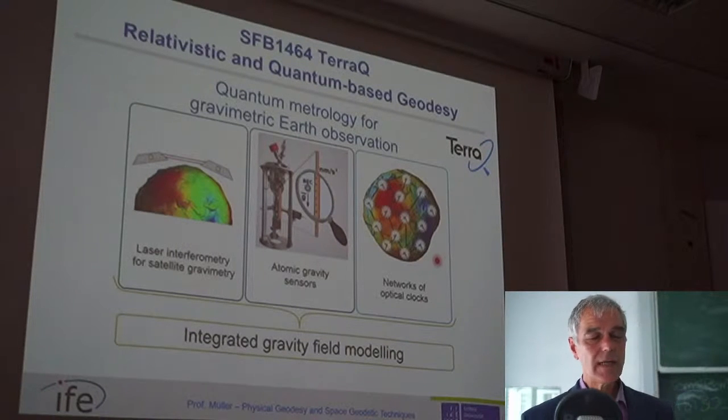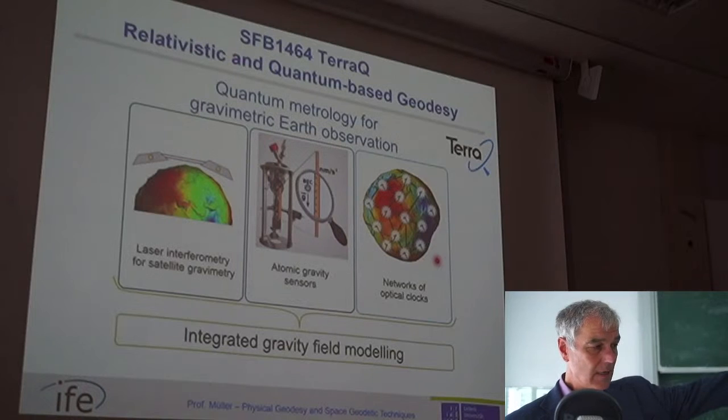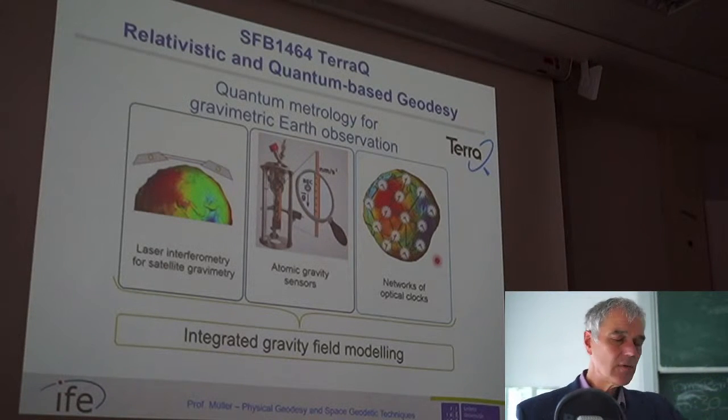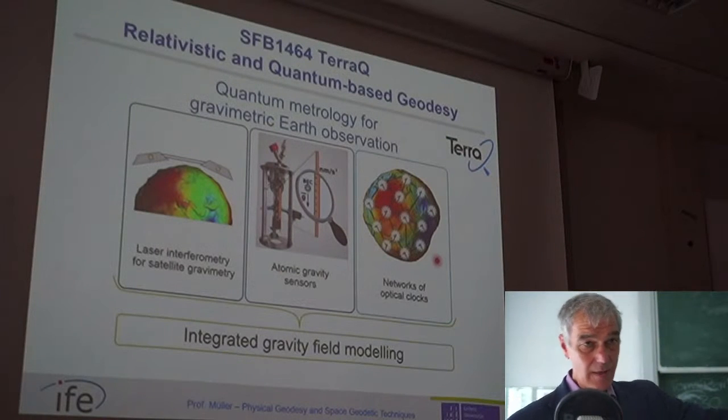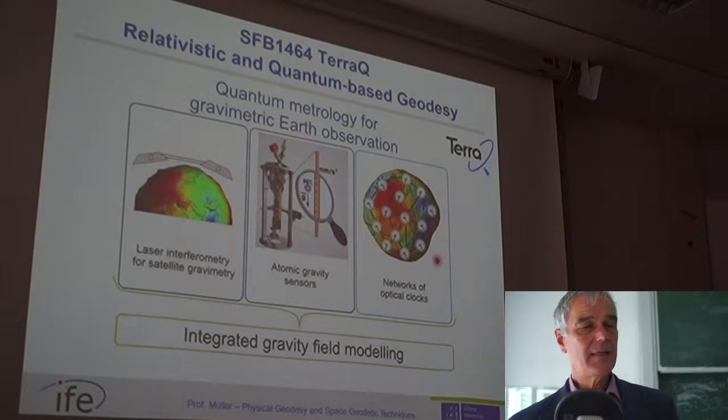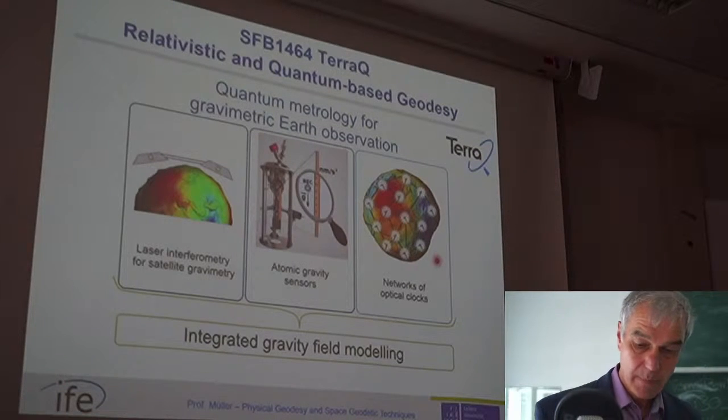Because Einstein told us that our clocks depend on the distance to the Earth, and if I go closer to the Earth, then the ticking rate of my clock is changing. Not this one, it's not accurate enough, but others. And so this is a completely new technique in geodesy that we may apply in future.